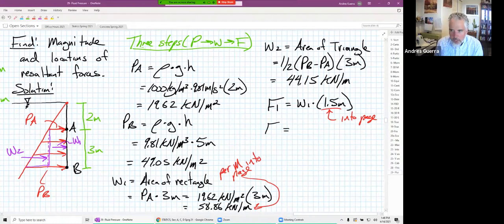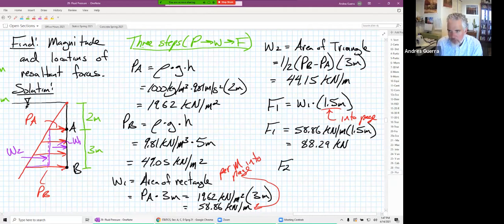So F1 is going to be W1, which was 58.86 kilonewtons per meter, times 1.5 meters. And so we're going to end up with 88.29 kilonewtons. And then F2 would be W2 times that 1.5 meters. And this one is going to give us 66.23 kilonewtons.